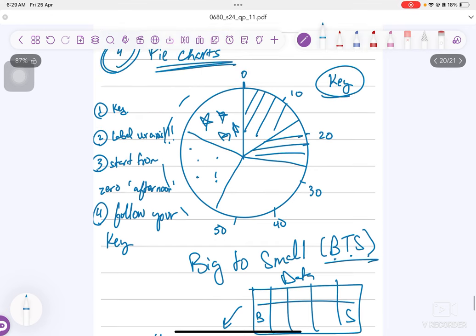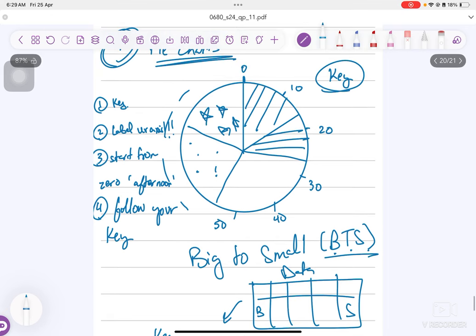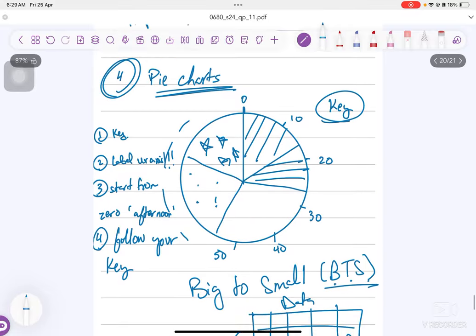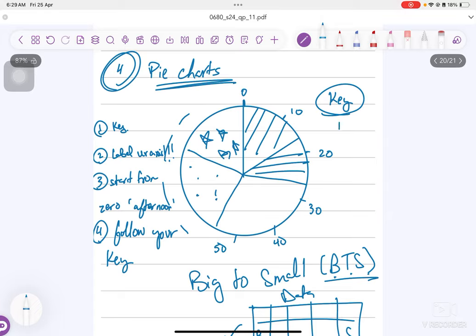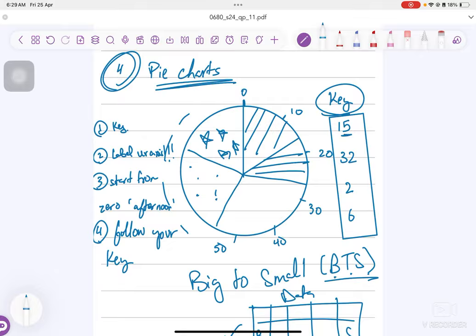How are you going to know when to plot? For instance, if I started with the first one to be 15, and the second one is gonna be like 32, and then 2, and then 6. These are your data, okay? You're gonna start by 15 here. Well done. And then to find the other point where you're gonna plot, you're gonna add 15 to 32.